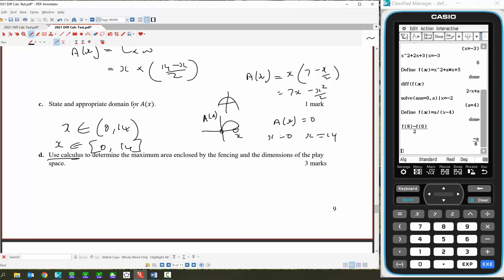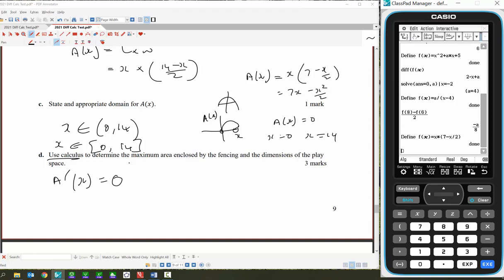All right. So what we need is, we know that A of x is equal to this. Okay. So all you really need to write is A dash x equals 0. The derivative equals 0. All right. So now I'm just going to go to my calculator. Equals our function x times 7 take x on 2.